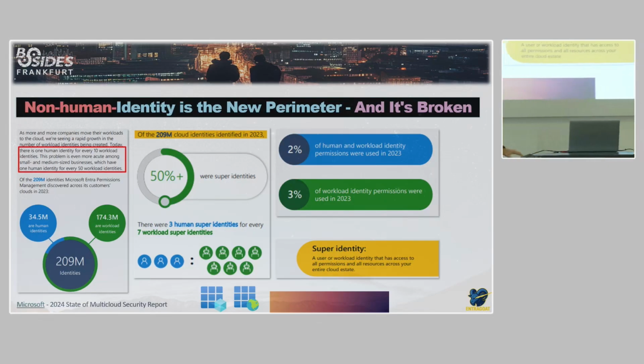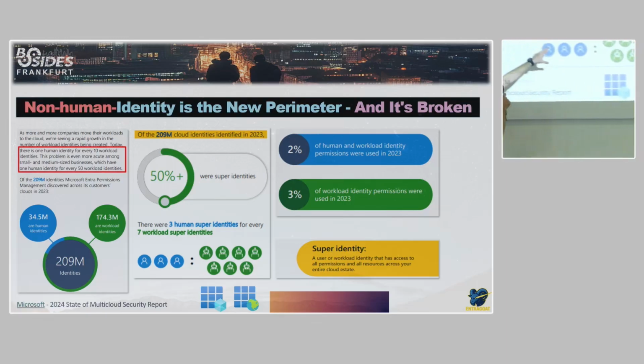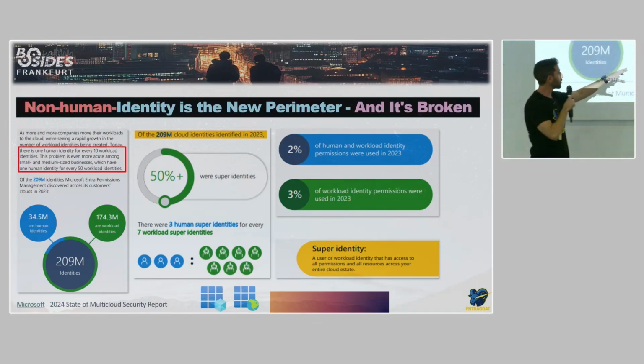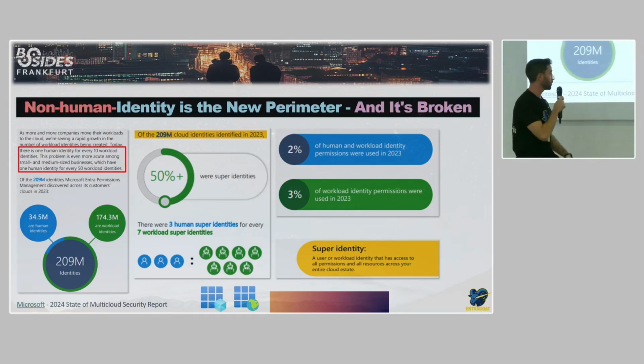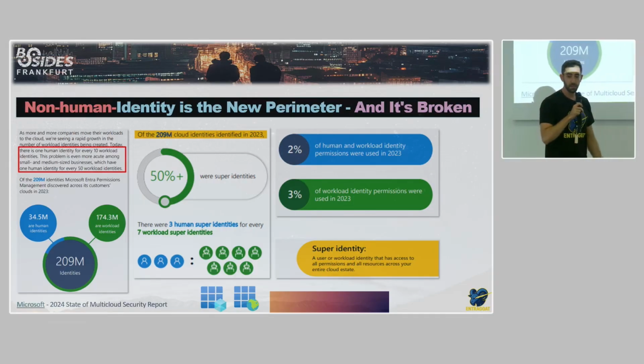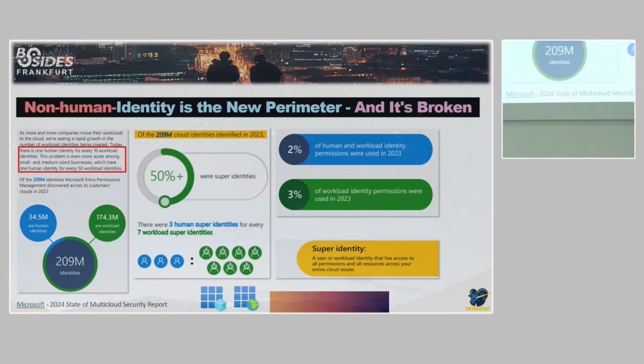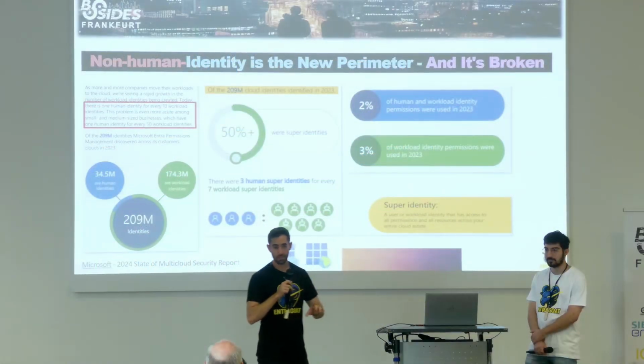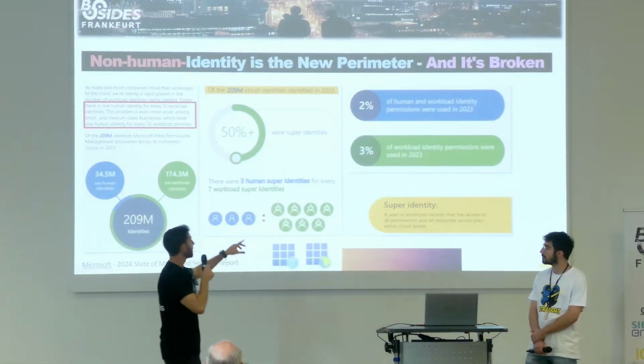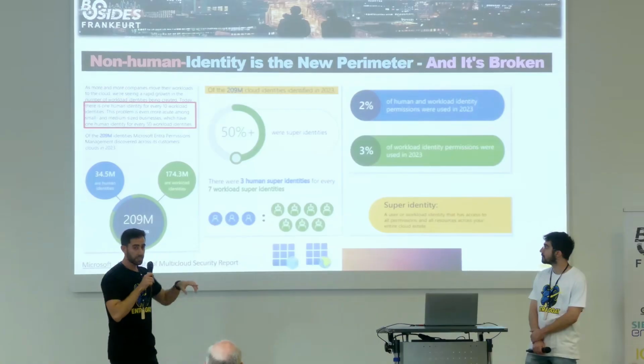And I would even add that there were 3 human super identities for every 7 workload super identities. So if we take that into consideration, non-human identities are the new perimeter, and indeed, it's broken. And the last metric: 2% of all assigned human and workload identity permissions were used.